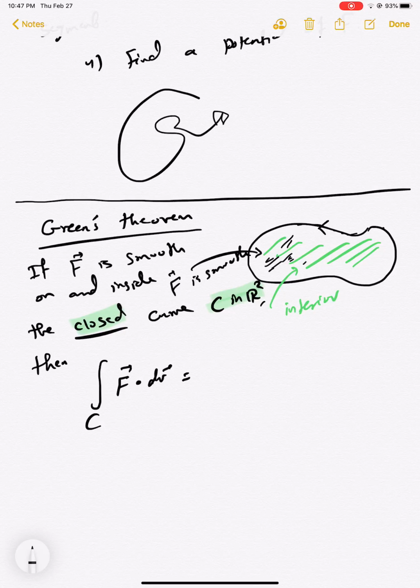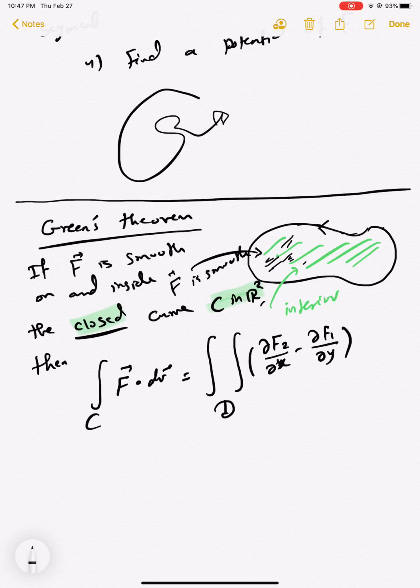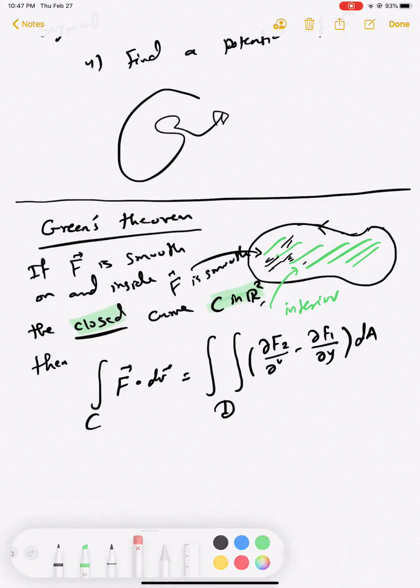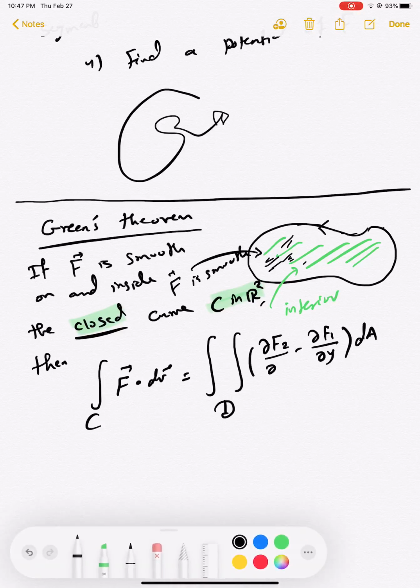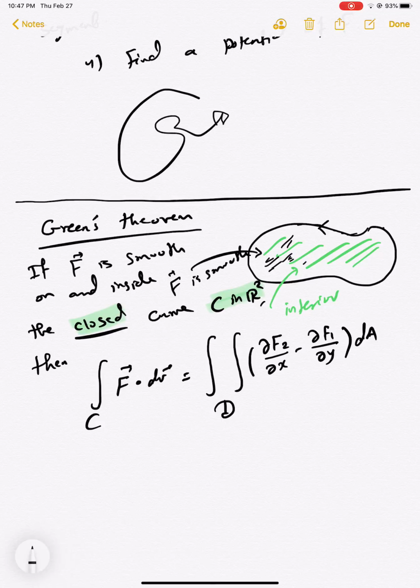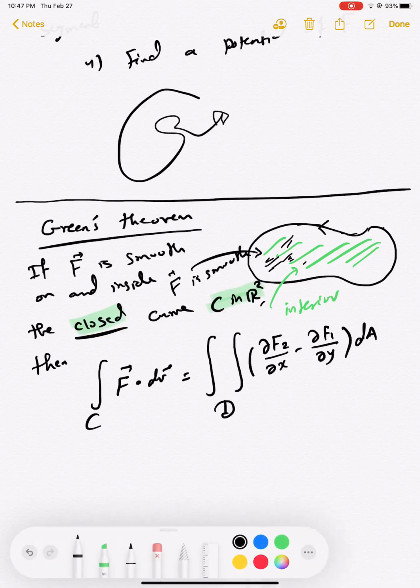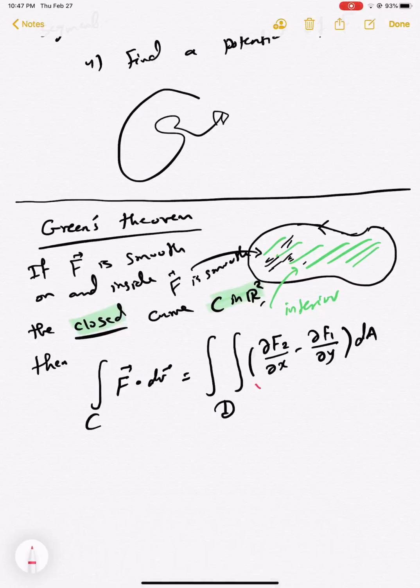So instead of doing a curve parameterization, this method says, okay, do it as a double integral over D of, we'll see what this is, dF2/dx minus dF1/dy dA. So just let me correct this. So this is x.